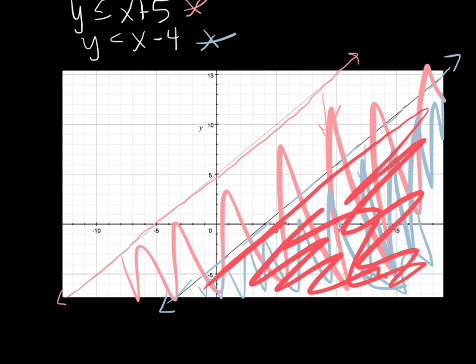Does that make sense? So with inequalities, our solution is any point in this area right here, any point. Not along this line because it's dashed, right? So we can't have a point along that line. But any point in here, we could plug it in here, and they would satisfy both of the inequalities.